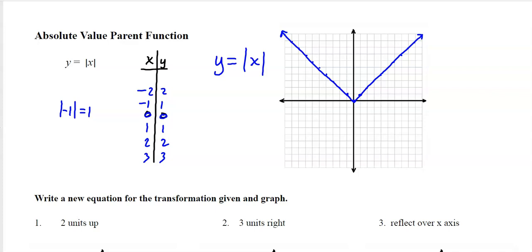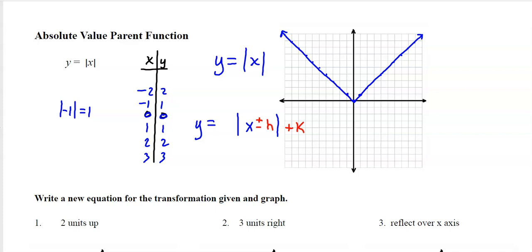Now, we're going to do some things to this. There are lots of things that could happen, but we are going to mess with moving it up or down, which is going to be the number on the back. Outside, positive is going to move it up, negative is going to move it down. Then we could also do plus or minus inside, and they usually use the letter h in there. That's going to be a horizontal move, left and right.